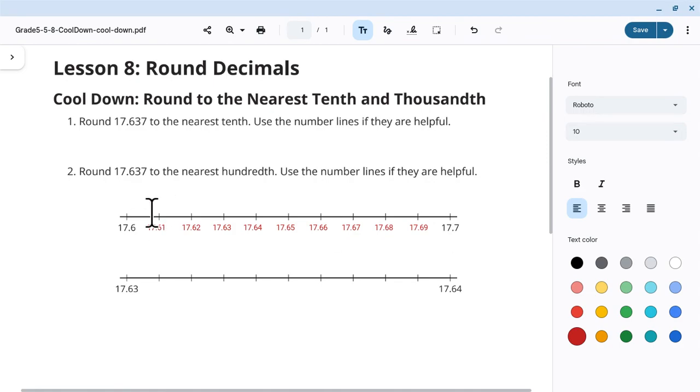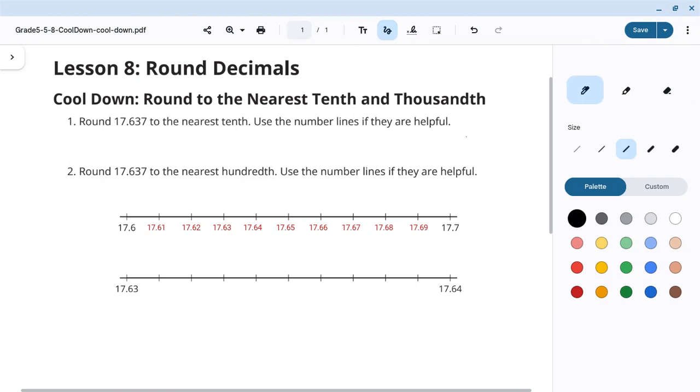So my first interval is 17 and 61 hundredths, 17 and 62 hundredths, 17 and 63 hundredths, 17 and 64 hundredths, and so on as I continue on my number line, making my way all the way to 17 and 7 tenths, which is the same as 17 and 70 hundredths.